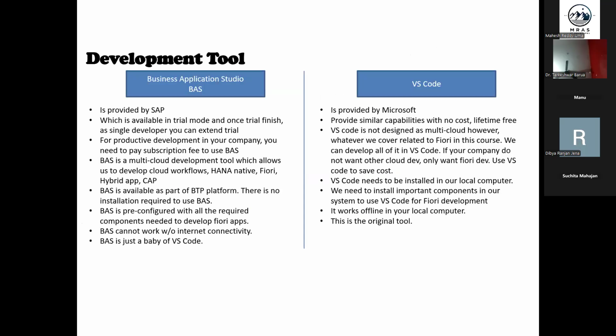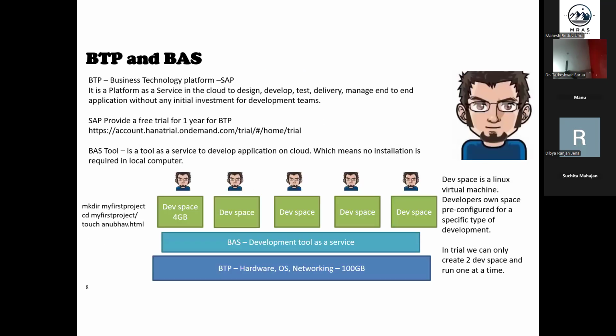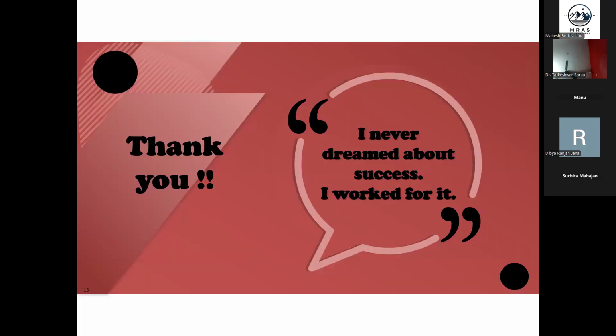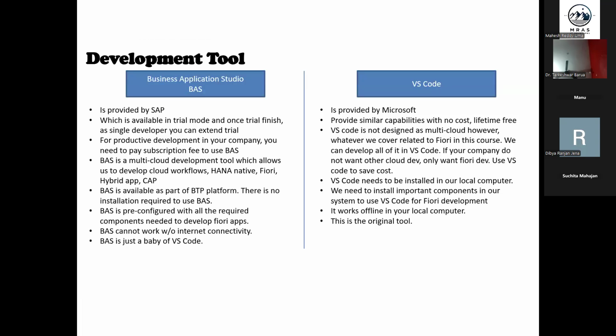Now, as we have already discussed BTP, if you want to develop something under that BTP, then you have to use the BAS tool, the Business Application Studio. Now we have development tools: Business Application Studio and VS Code.